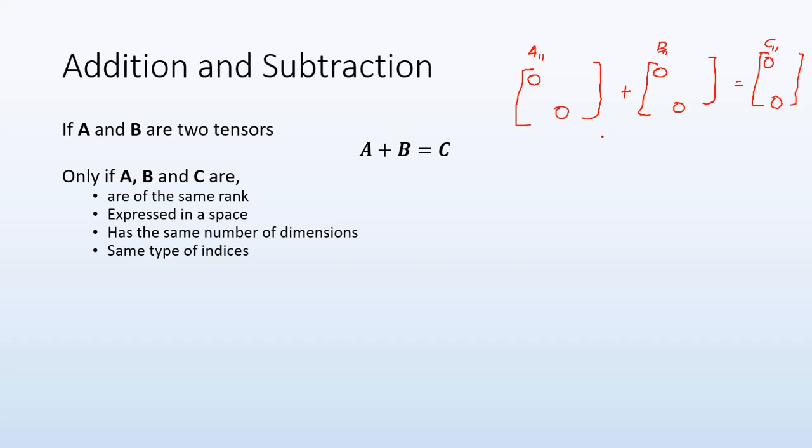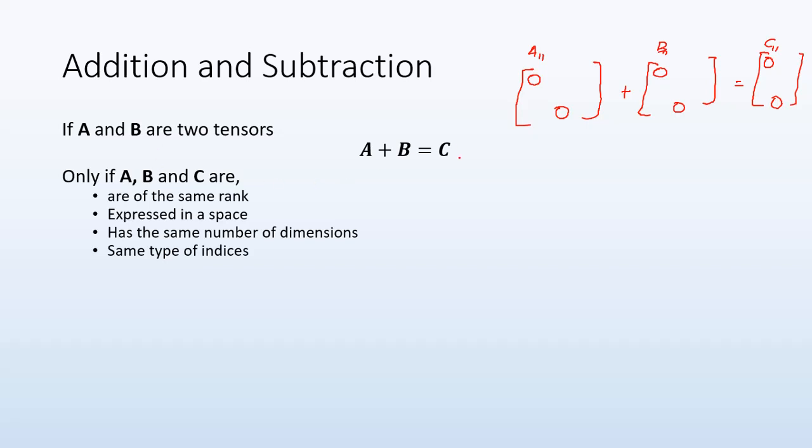That is, they have the same number of indices and also they are of the same order, which means that they have to be defined in the same space. Therefore, if A plus B gives you C, then A, B, C are represented in the same space. They have the same rank and same type of indices and also the same number of dimensions.